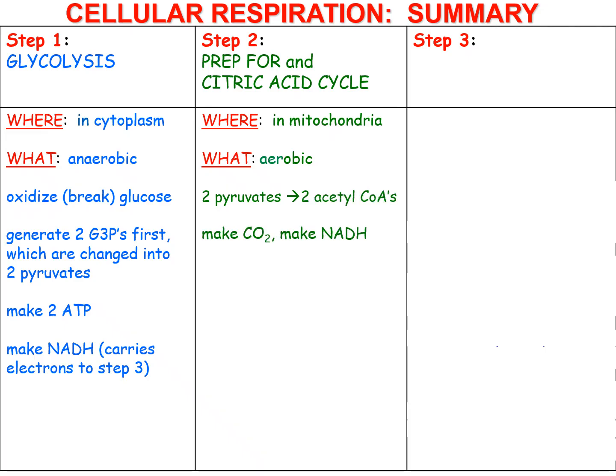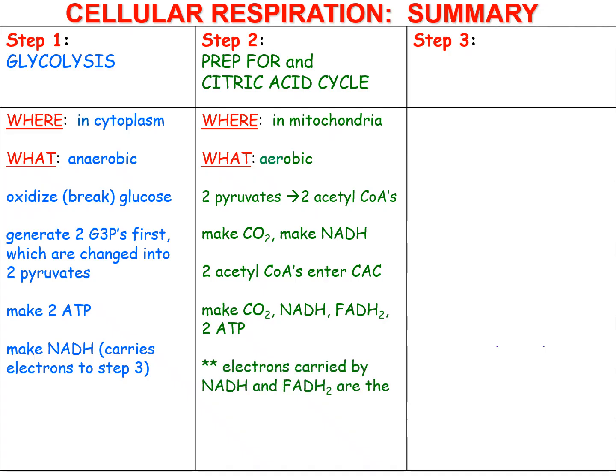It makes carbon dioxide and NADH, and the 2 acetyl-CoAs enter the Krebs cycle and make carbon dioxide, NADH, and FADH. NADH and FADH are electron carriers. It results in 2 ATP. The electrons carried by NADH and FADH are the energy you need to run step 3. So all of the electron carriers are carrying electrons to step 3.